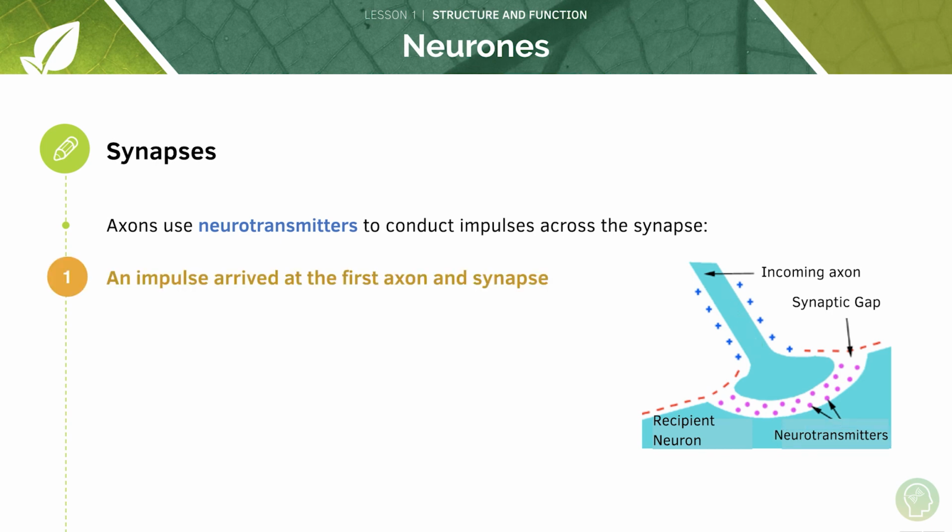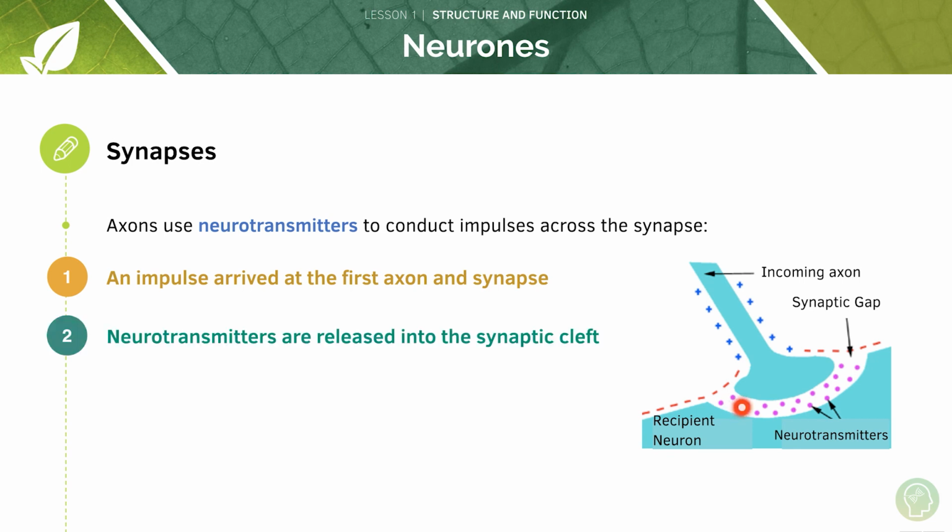An impulse has arrived at the first axon and the synapse. This impulse is going to trigger the release of neurotransmitters into the synaptic cleft. And the synaptic cleft is basically this gap, this synaptic gap, which is in between your first and your second neuron. So you have your impulse coming down your first neuron.